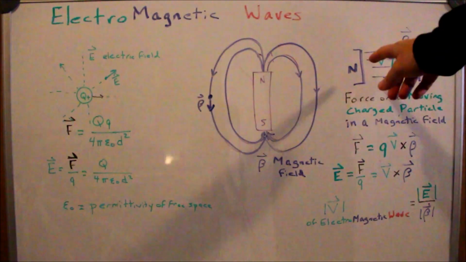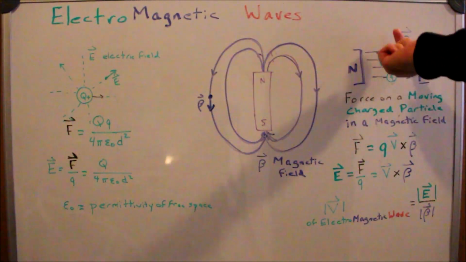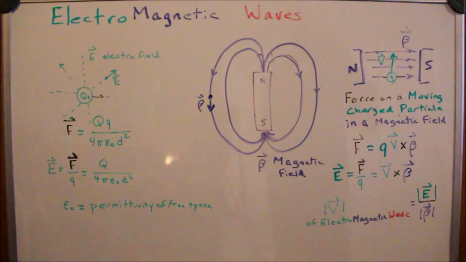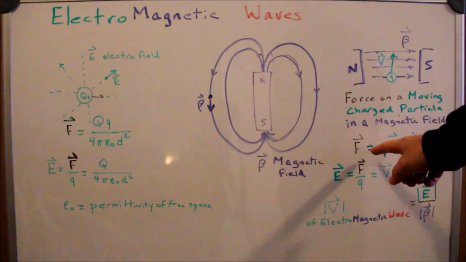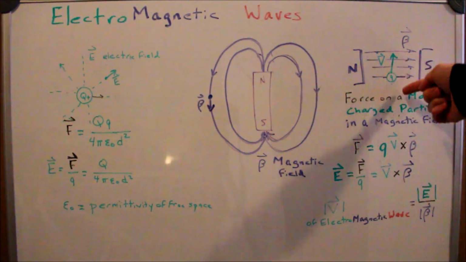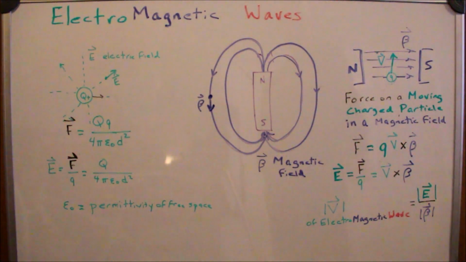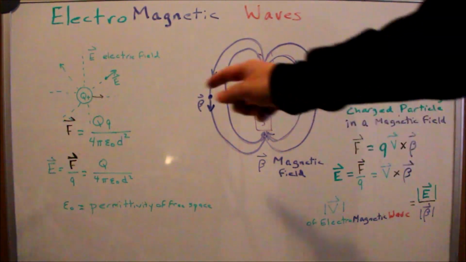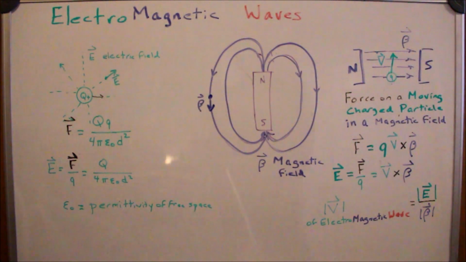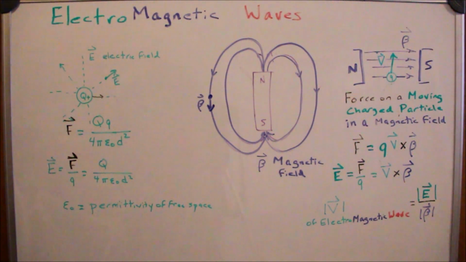For example, if I have a magnetic field and a charge going through it at some velocity, there's a force on that charge, which is given by the magnitude of the charge itself times the velocity it's going through, cross the magnetic field. We already know I can convert the force to an electric field by dividing by the test charge.